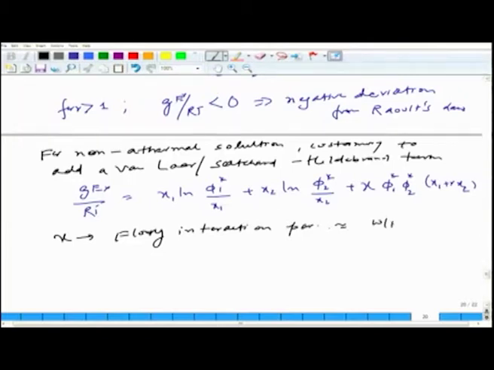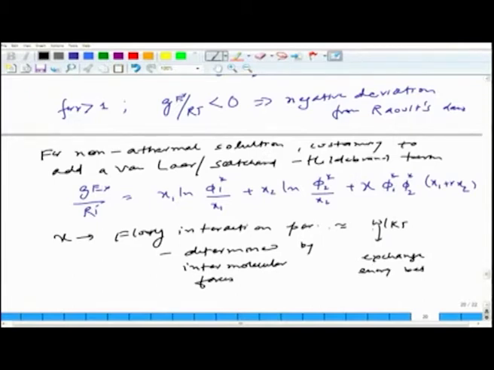So this is related to the intermolecular forces, approximately omega by kT, where omega is nothing but the exchange energy between solvent molecule and polymer segment.